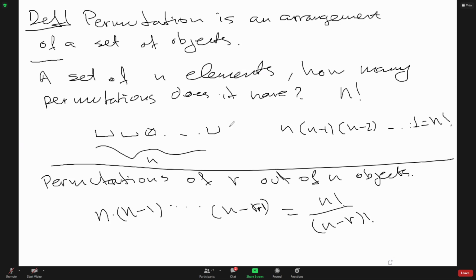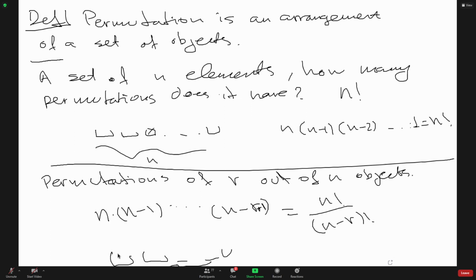So for the first object, we have r positions. And we have n objects, right? Yes. I want to fill, in how many ways can I fill the first position? In n.